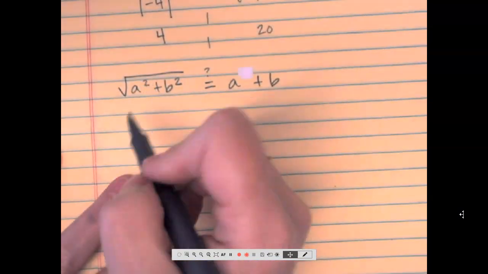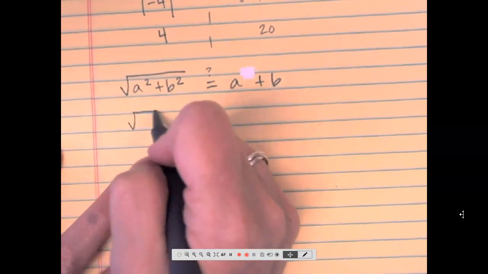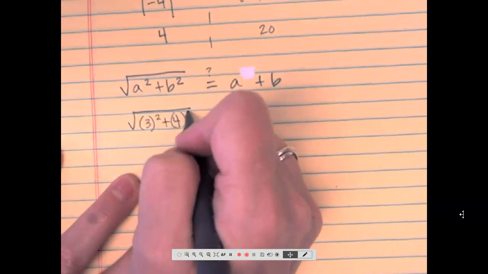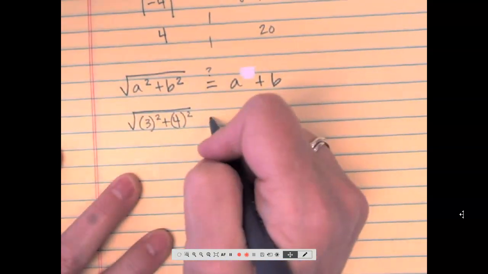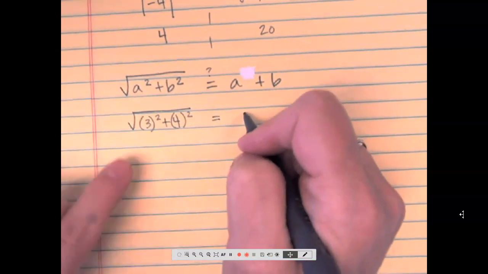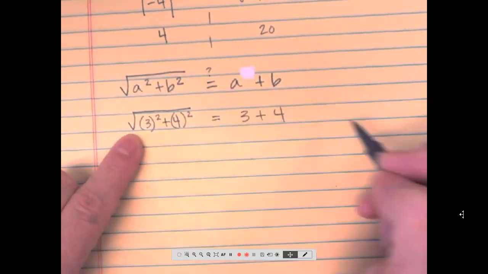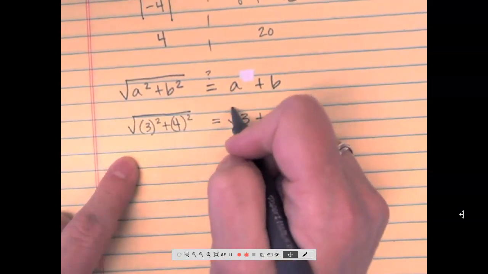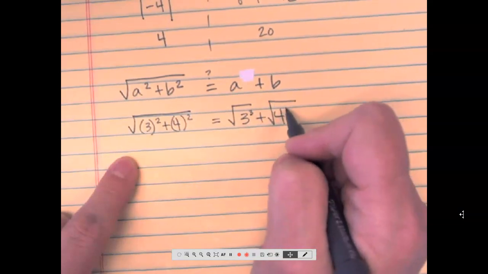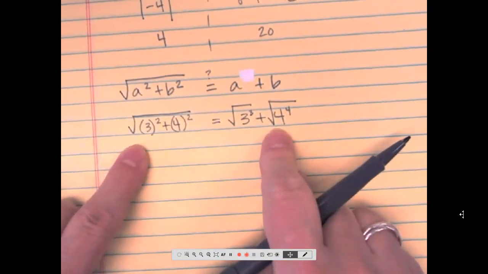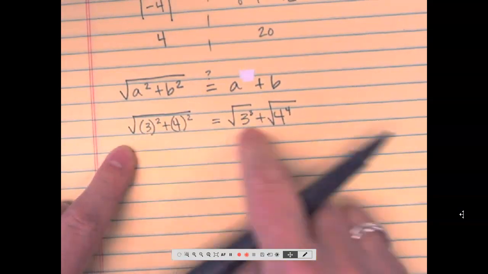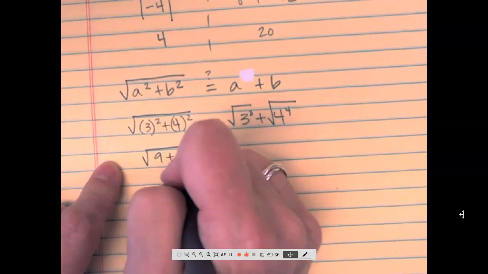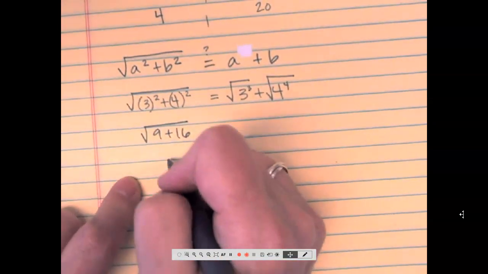Everybody's afraid to answer. All right, let's put some numbers in there. What if I had the square root of 3 squared plus 4 squared? Is that 3 plus 4? Okay, so in other words, can I do this? Can I just split those apart? Well, let's do this side without splitting them apart. 3 squared is 9, and 4 squared is 16. 9 plus 16 is 25.